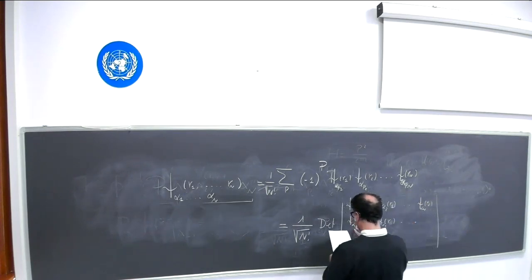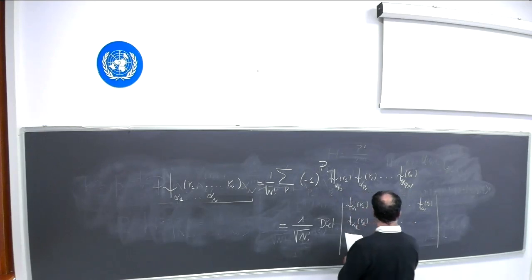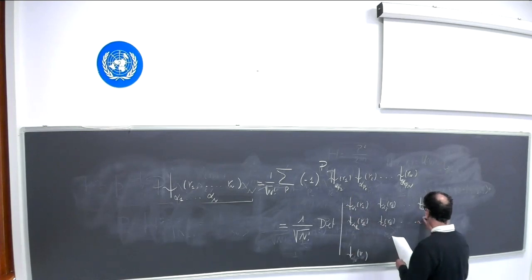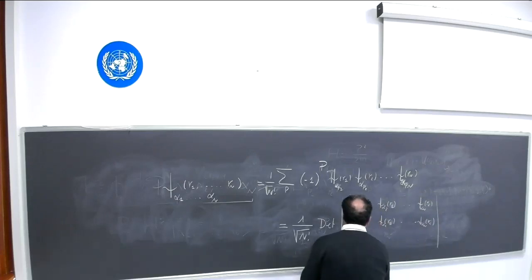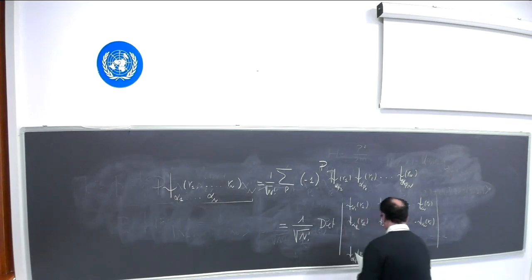This is psi alpha 1 r2, alpha 2 r2, psi alpha n r2, and this is psi alpha 1 rn, and so on.